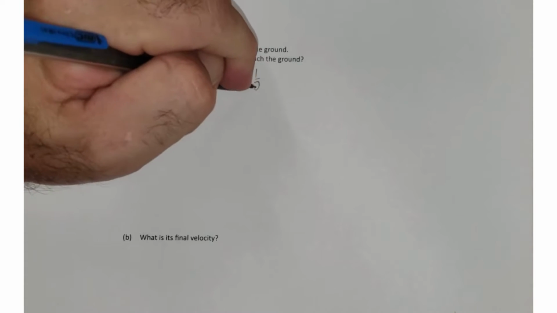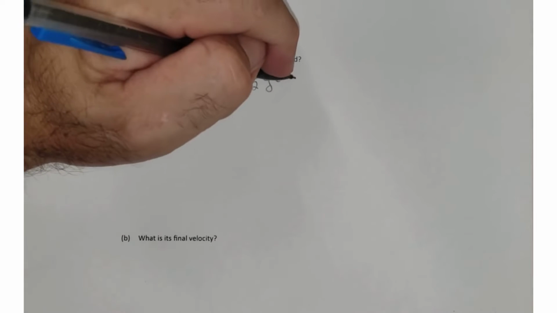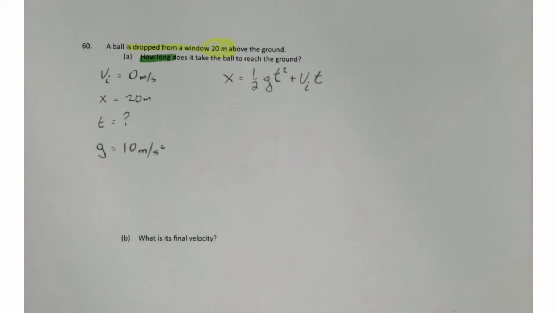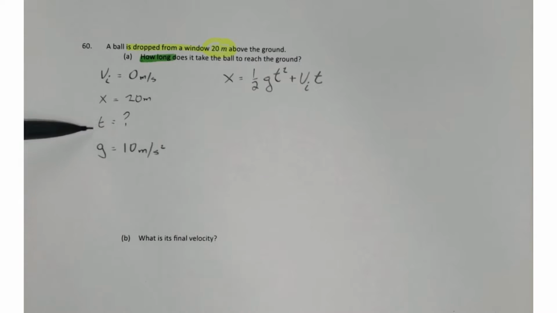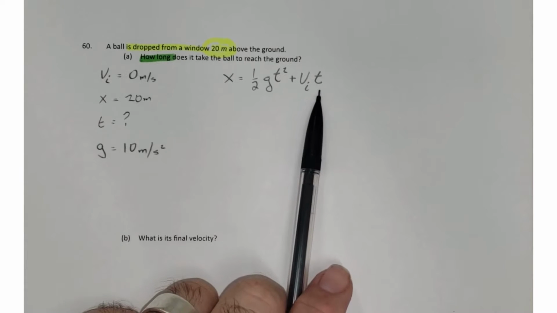Now the formula that relates v sub i, x, t, and acceleration, g in this case, will be x equals 1/2 g t squared plus initial velocity multiplied by t. In this problem, we do need to isolate t because that is our unknown, but we have t in two places.